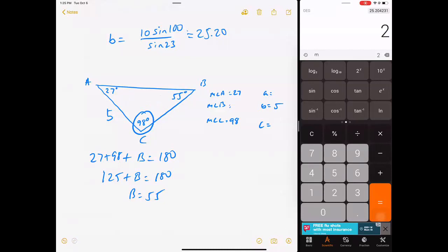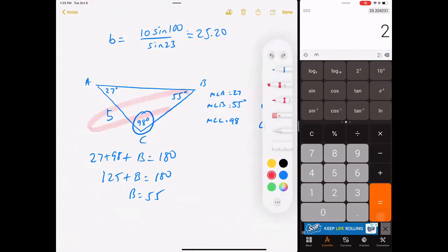Okay, 55 degrees. Hey, now if I write 55 here, you can see I have an angle side pair. Or looking at the triangle, you'll see that I have an angle side pair. And here's what it is. If you have an angle side pair, we can use law of sines.